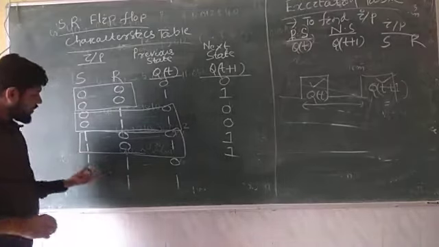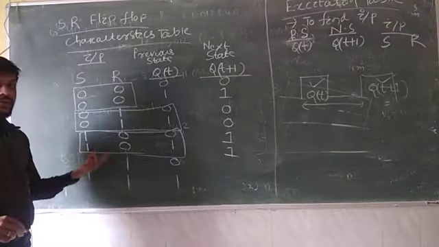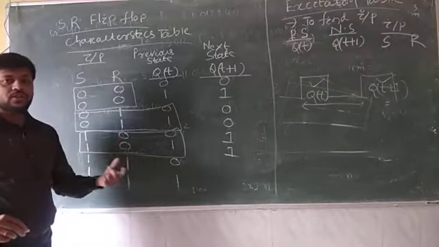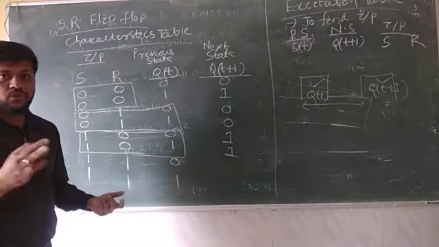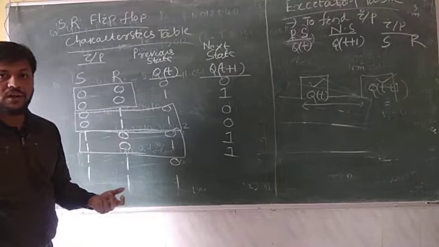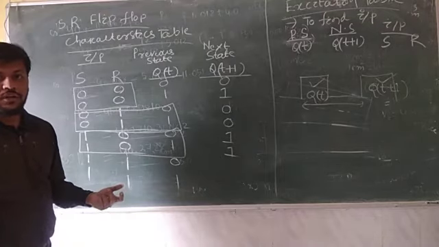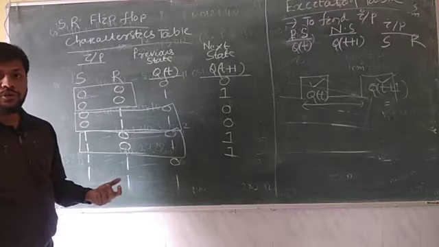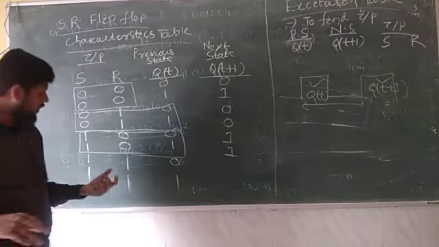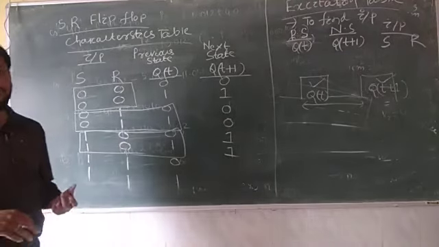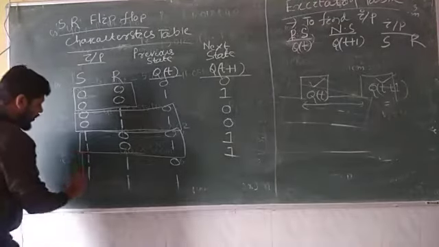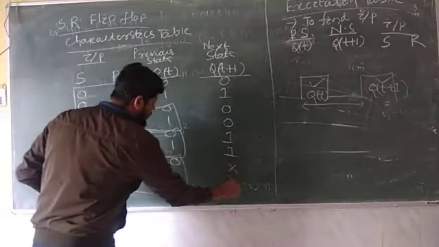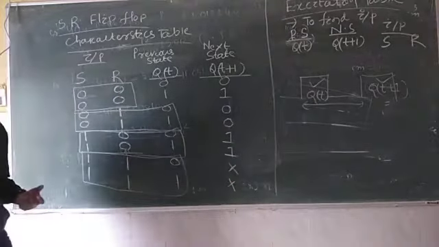Because when you apply 1 1 to the flip flop, it enters into an invalid state. That means Q is equal to 0 as well as Q bar, its complement, is equal to 0. That will not satisfy Boolean algebra. If Q is equal to 0, Q complement must be equal to 1. But in this case, the output enters into an invalid condition. That's why we will take this as don't care, that means either 0 or 1.